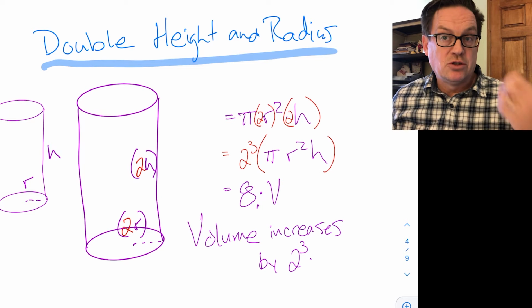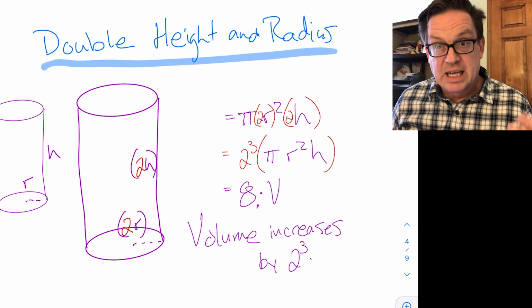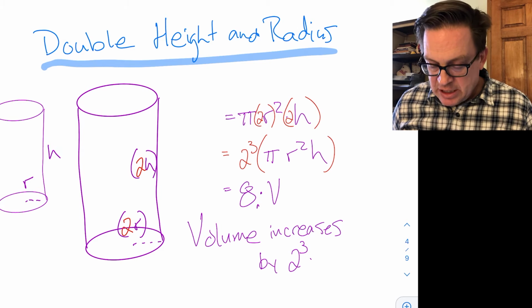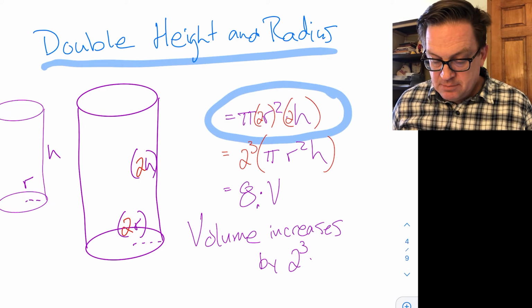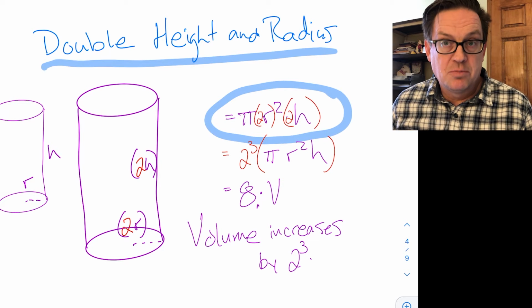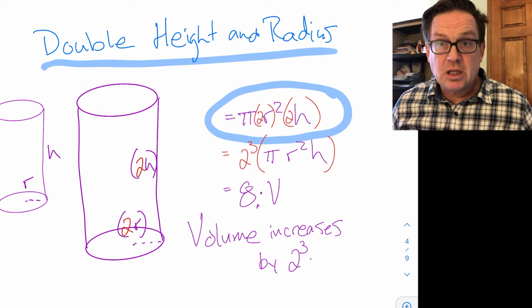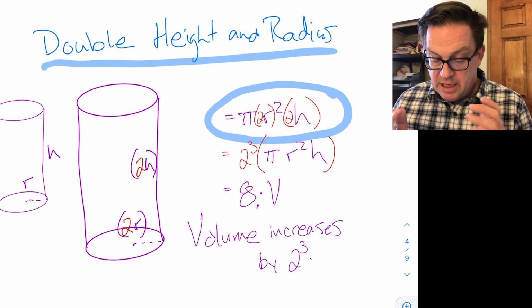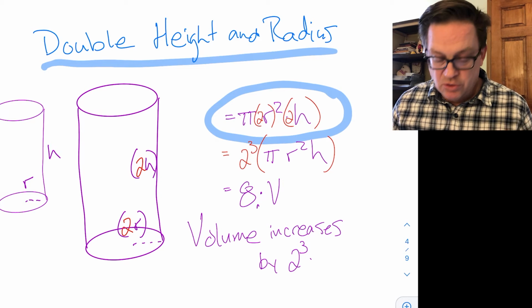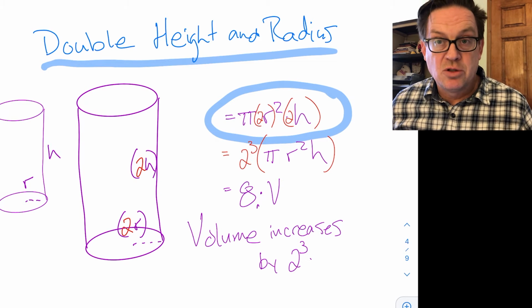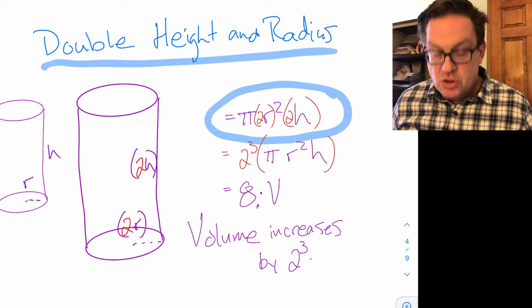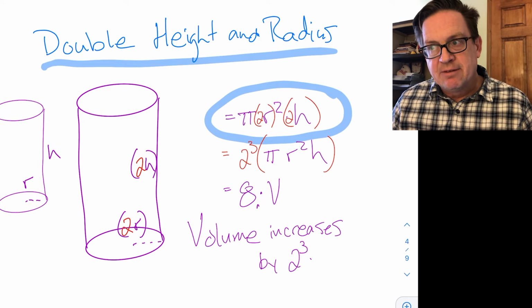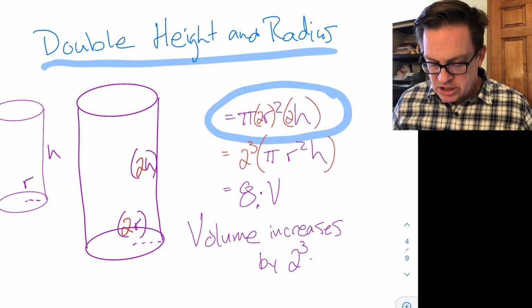So I've really got 2 times 2 times 2 for my volume scaling. Algebraically, you can see that by this pi r squared h. I double the radius, so I get a factor of 2 squared there, and I double the height, so I get a net factor of 2 times 2 times 2, or 8. So we can talk about the scaling factors in these relationships.